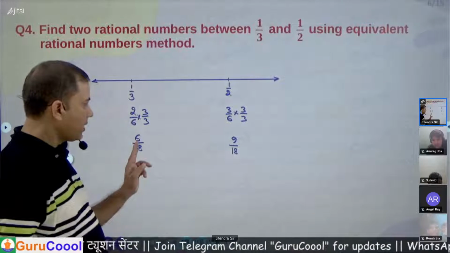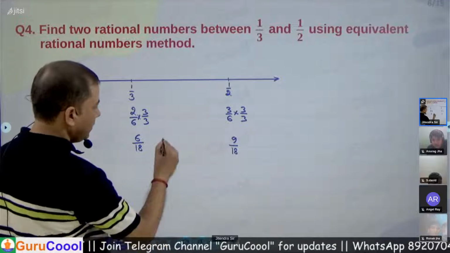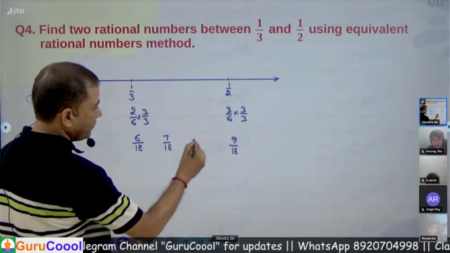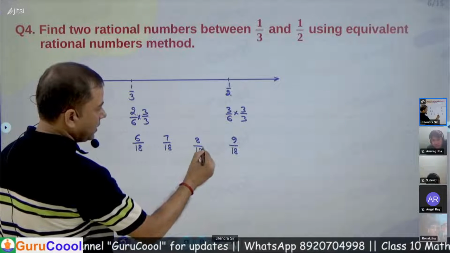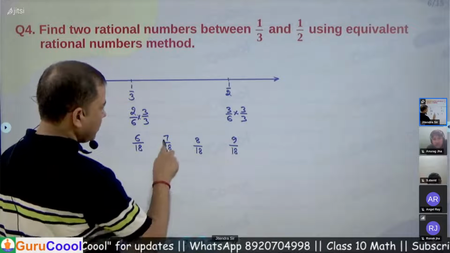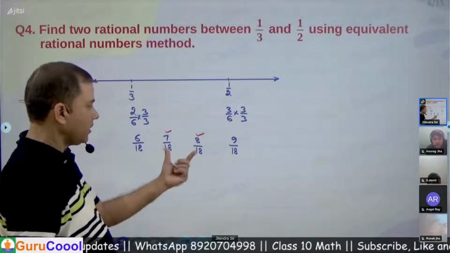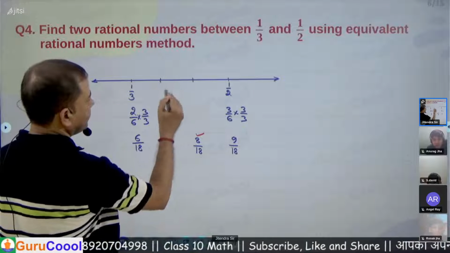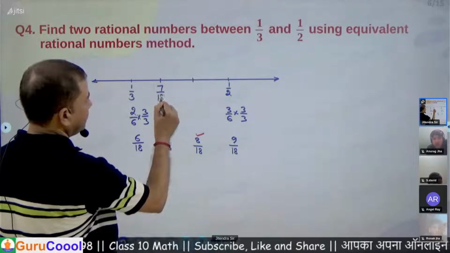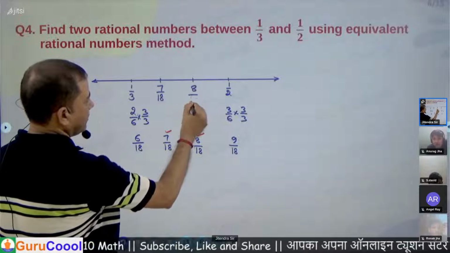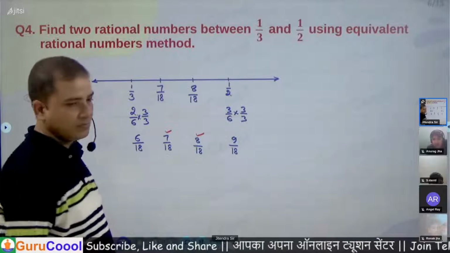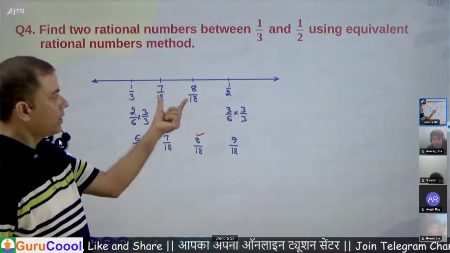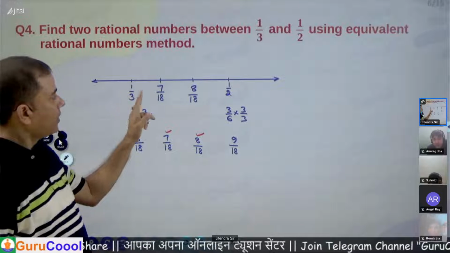Now between 6 and 9, how many? 7 by 18, 8 by 18, and 9 by 18. So these two rational numbers fall between these two. We got it. 7 by 18 and 8 by 18. Answer. We got two rational numbers here between 1 by 3 and 1 by 2.